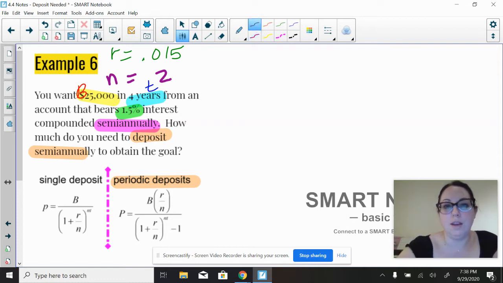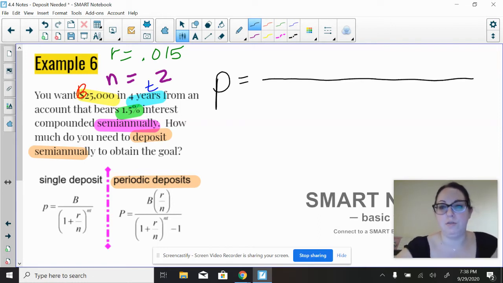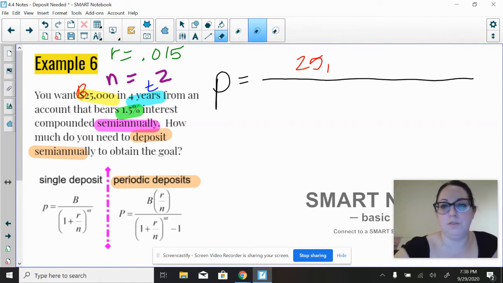So I'm going to go ahead and plug in for my periodic deposit value. I have my nice little fraction here. And the first thing that should go in the fraction is the B value. In the numerator, I'm going to put in my balance that I want at the end of the time period, which is $25,000.